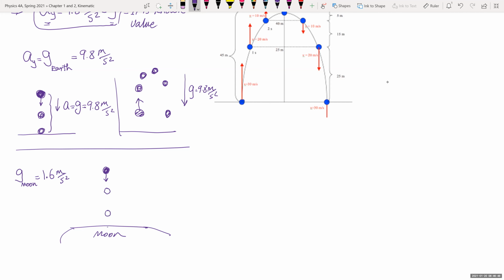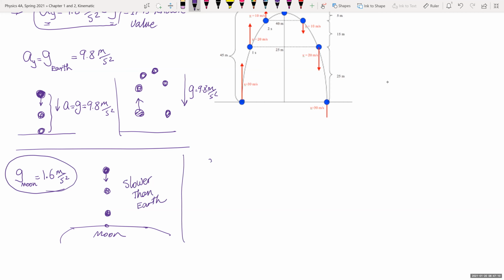Does that make sense? So this ball on the moon surface will fall, but much slower than on Earth. How much is that g? 1.6.